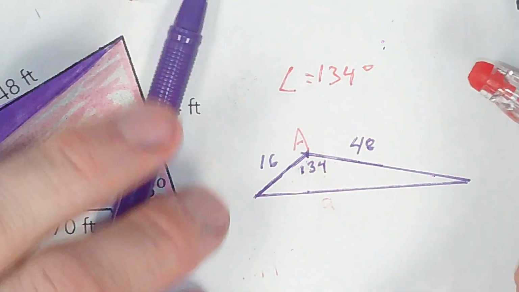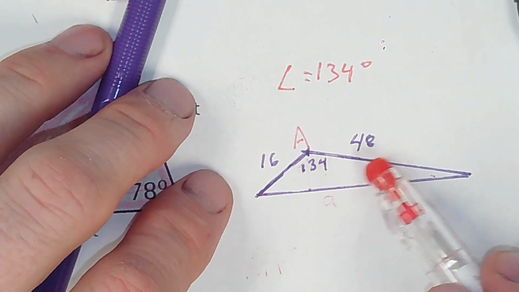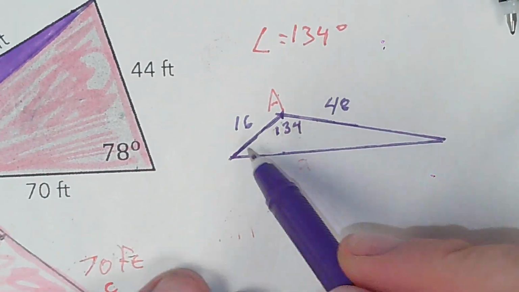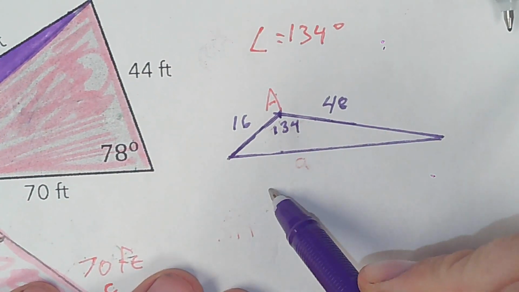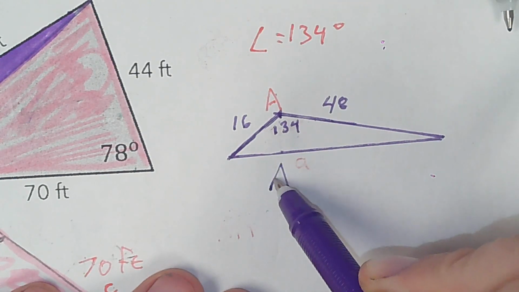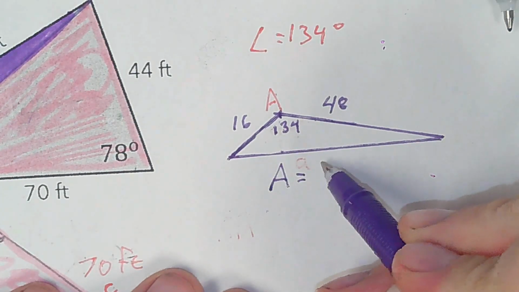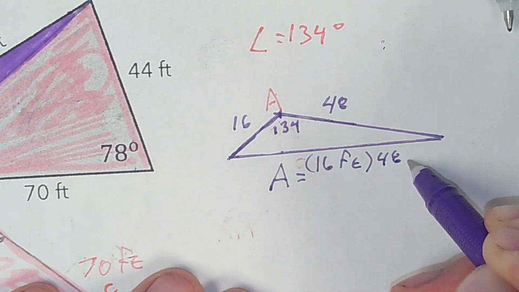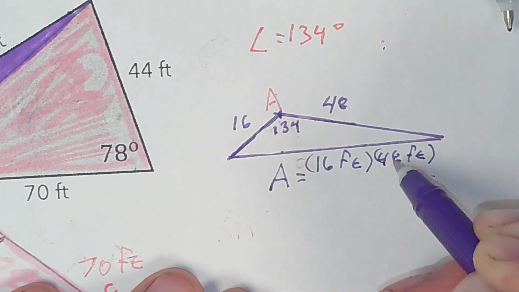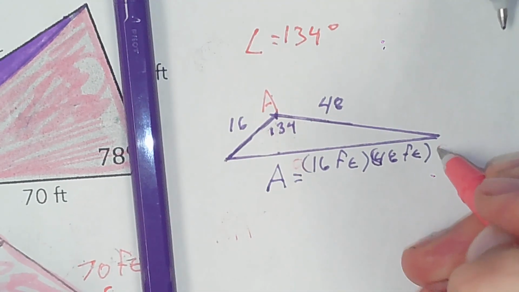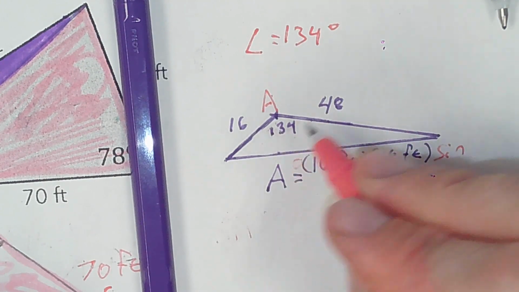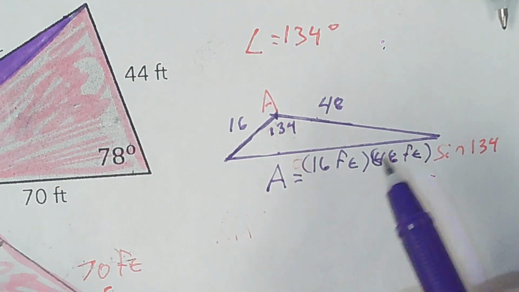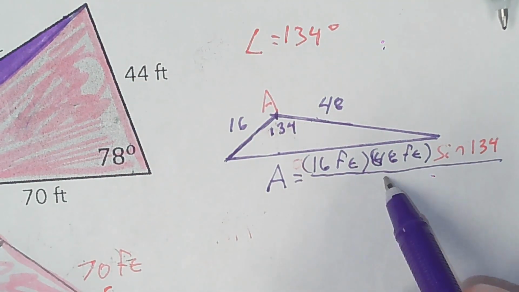But we'll call this angle A, and these two line segments are the ones around it. So the area of this purple triangle is going to be equal to 16 feet times 48 feet times the sine of A, which is 134, divided by 2.